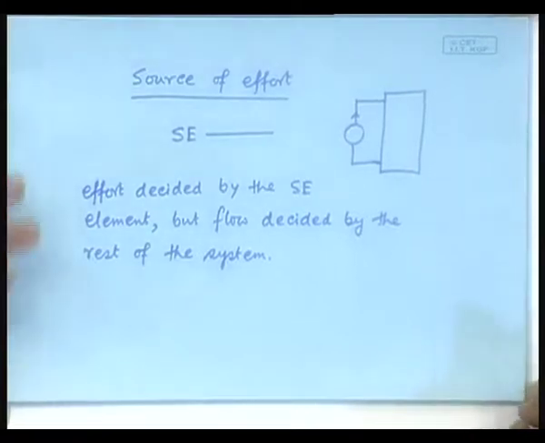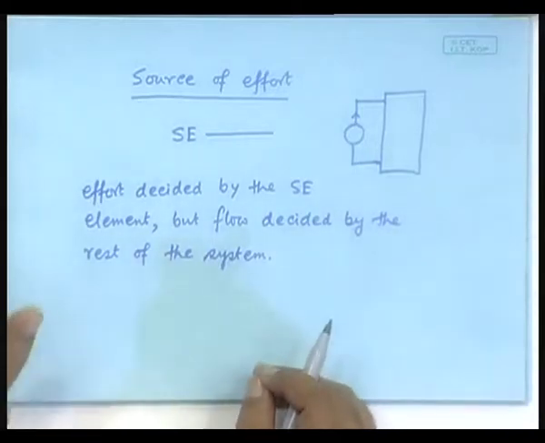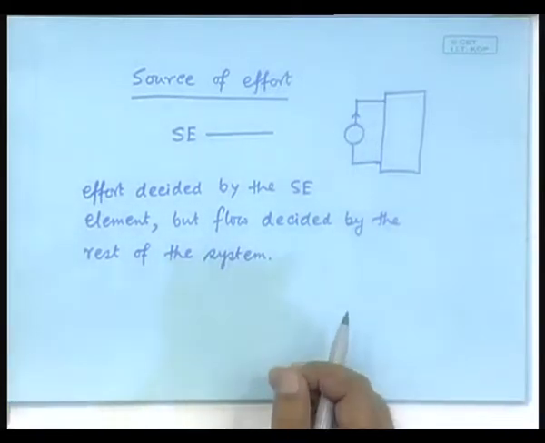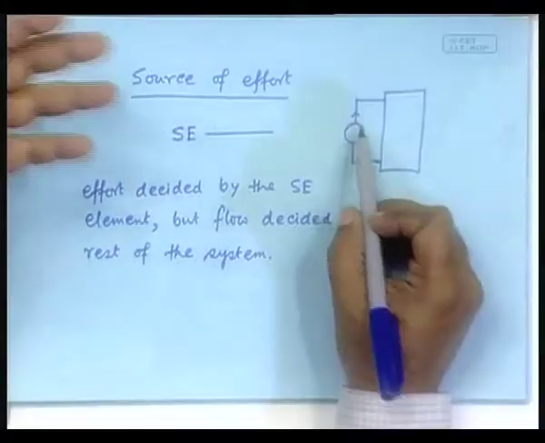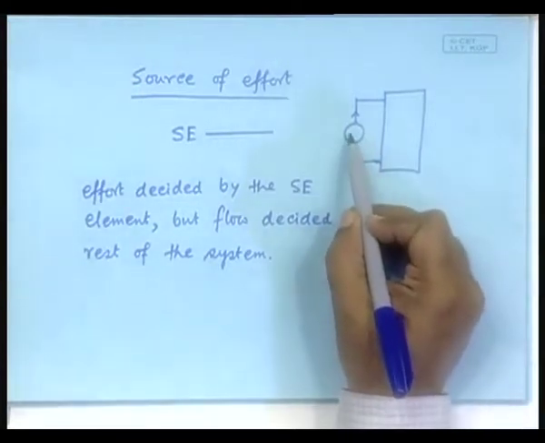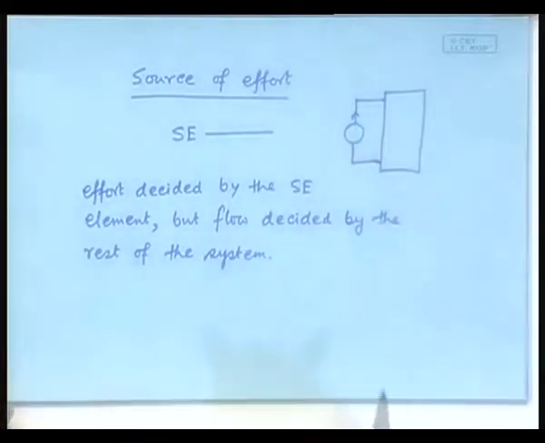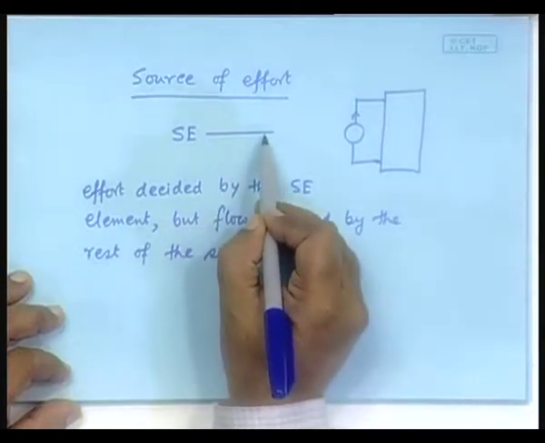So, something being a source does not mean that it can decide everything. It can decide only the effort information. Remember, effort information. How much power will ultimately flow also cannot be decided entirely by this element, because that has to take into account the flow information, and the flow information is decided by the rest, not the SE element. So, I am slowly coming to the special properties by which the flow and the effort are related in every bond.